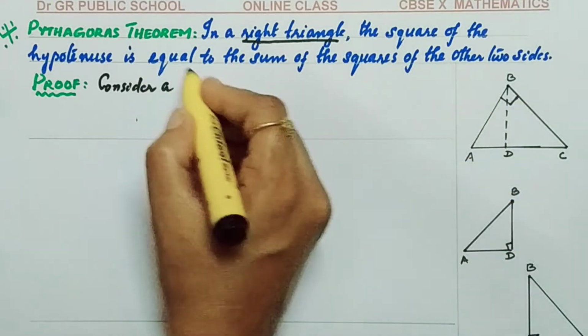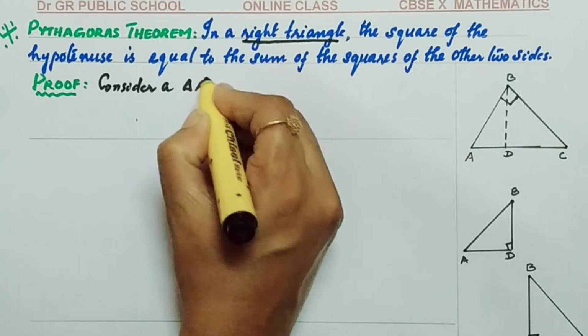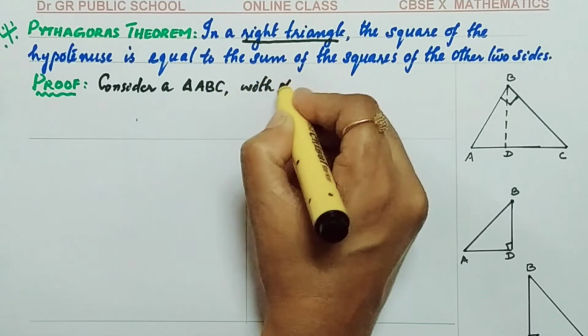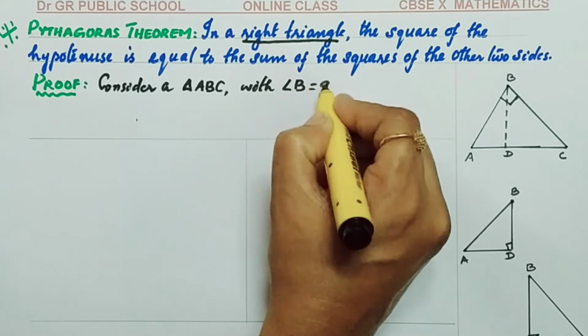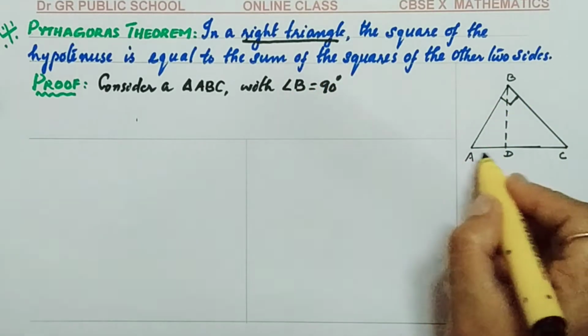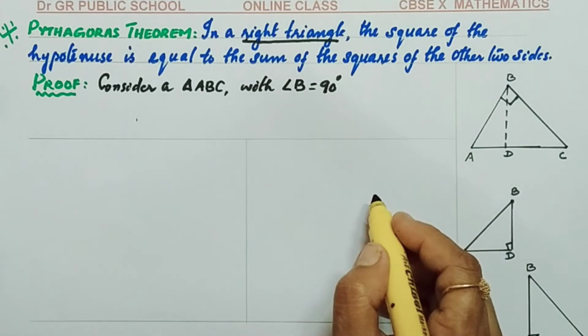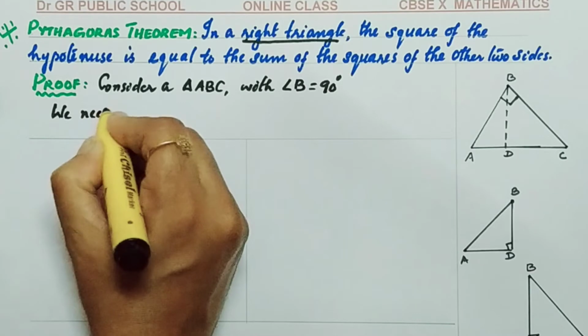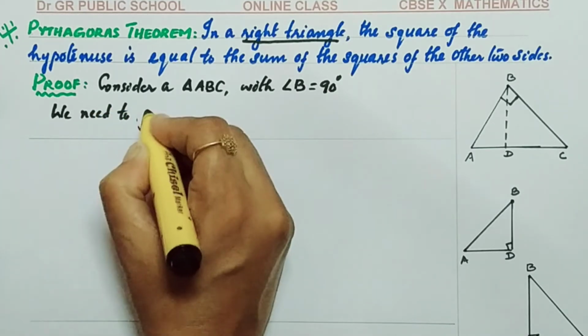Consider a triangle ABC with angle B equal to 90 degree. Right angle at B. If this is 90 degree, then the side opposite to that will be the hypotenuse. We need to prove that. What do we want to prove?